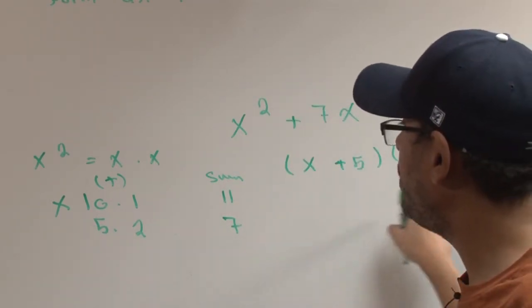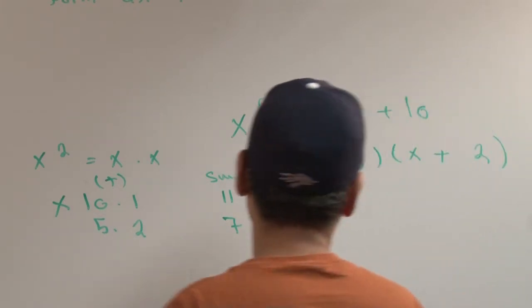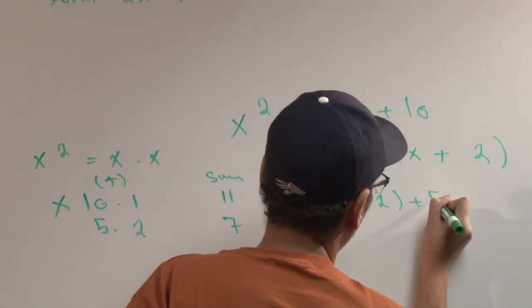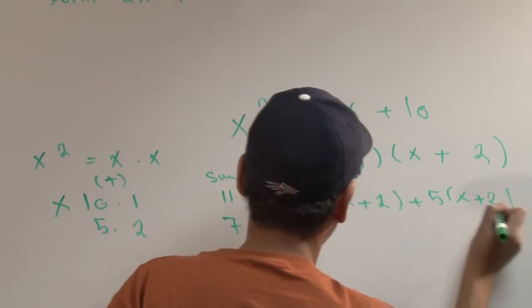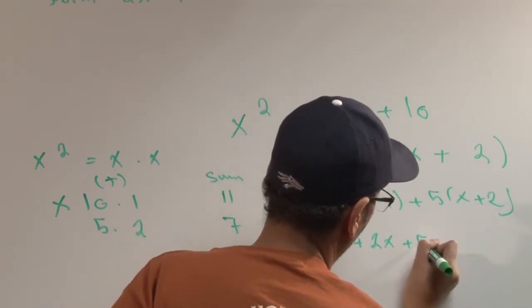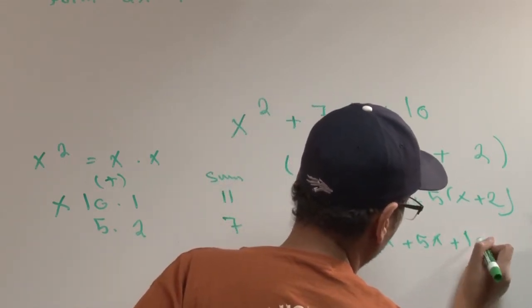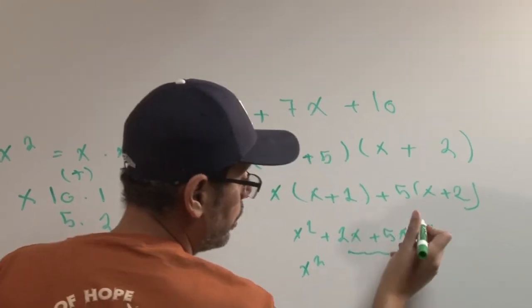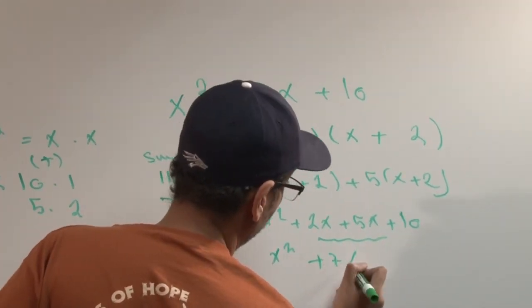Let me try to distribute that. I'm supposed to have that number. This is x times x plus 2 plus 5 times x plus 2. x times x is x squared plus 2x plus 5x plus 10. So x squared, 2x plus 5x is 7x plus 10.